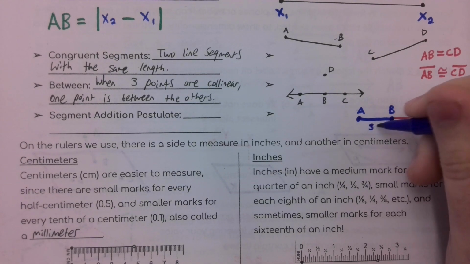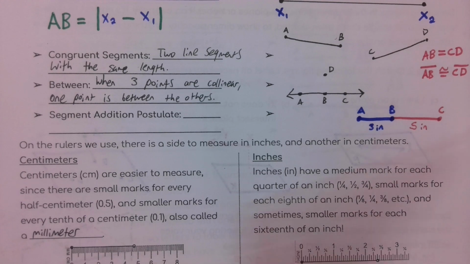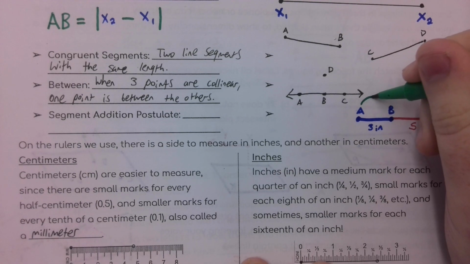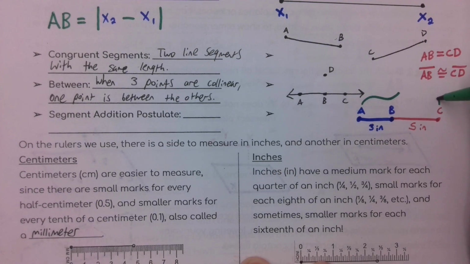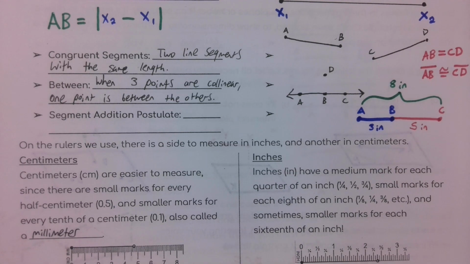Let's say AB is 3 inches long and BC is 5 inches long. The segment addition postulate says that as long as you've got one straight line segment, you can add together AB and BC. The total length of this segment is 8 inches long.